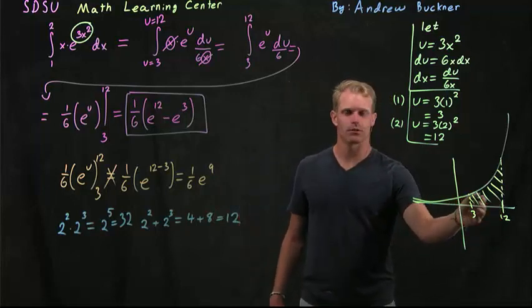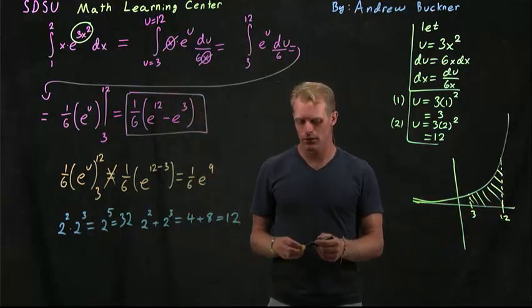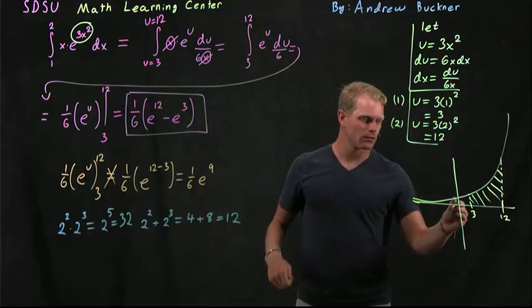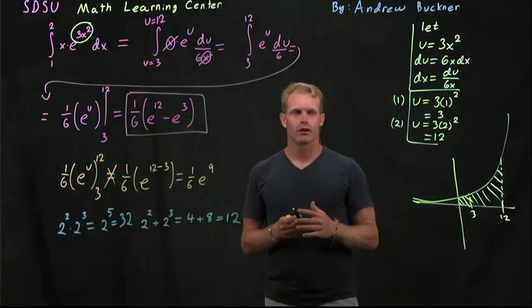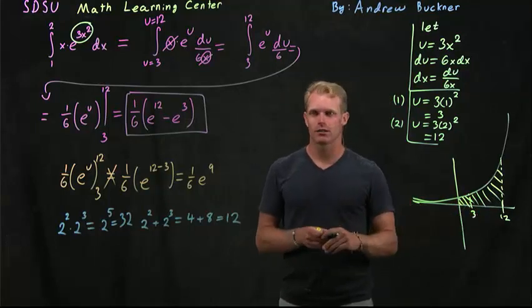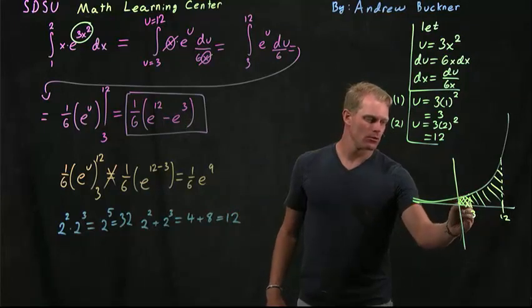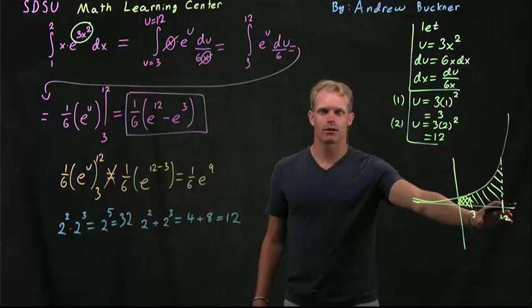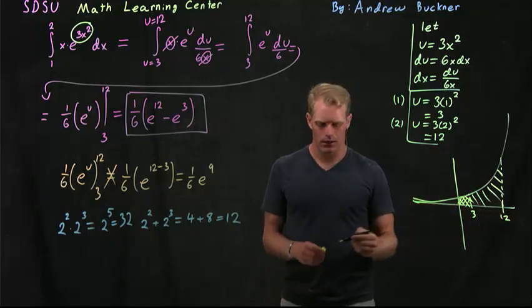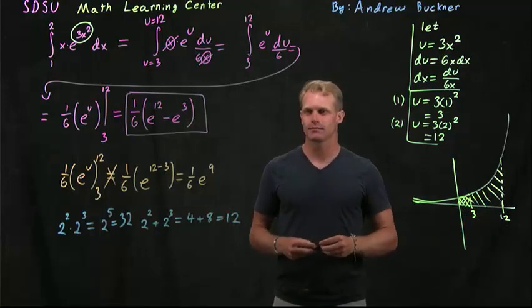If I'm just going from 0 to 12, for my lower bound, instead of it being 3, it's now 0. But when we incorporate that lower bound as the 3, we're subtracting out this section here, the checkerboard, to leave just the slash marks. So then we get our area underneath the curve.